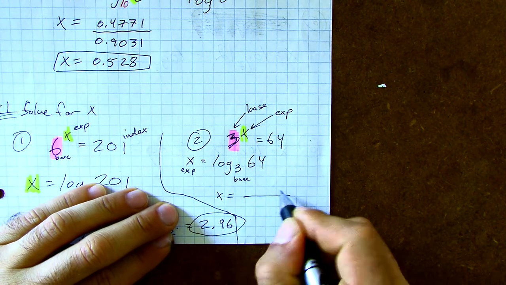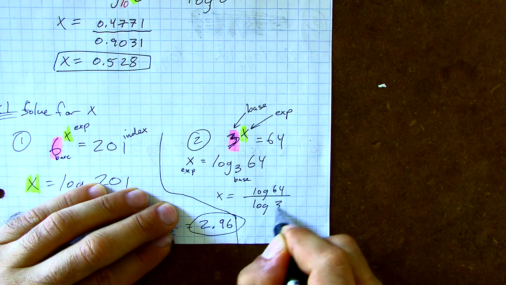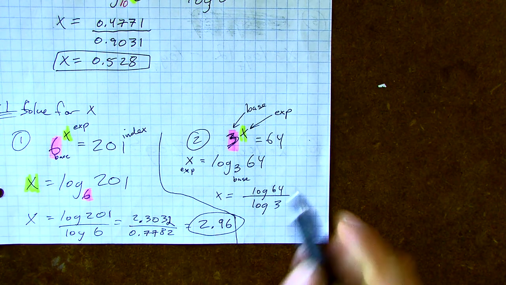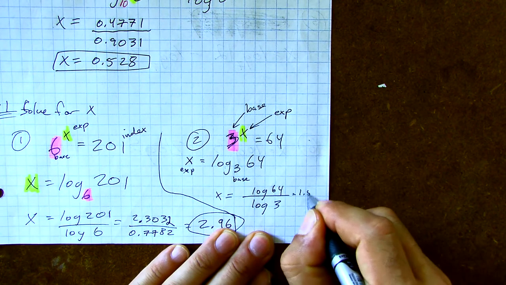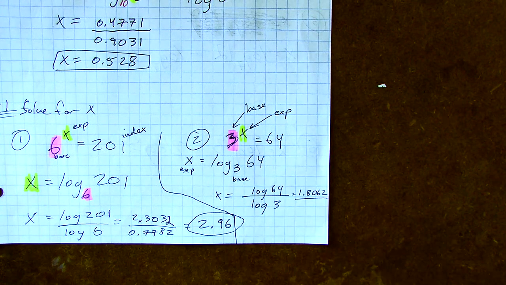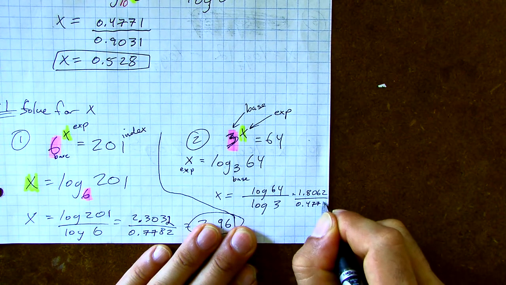Change of base. Let's see what we get. Log of 64 is 1.8062, log of 3 is 0.4771.